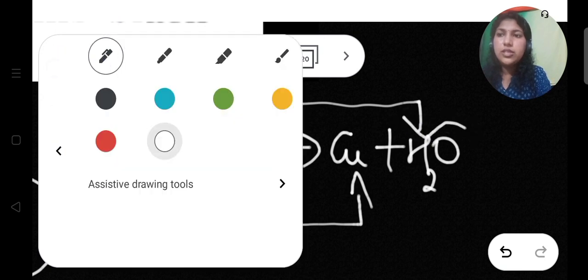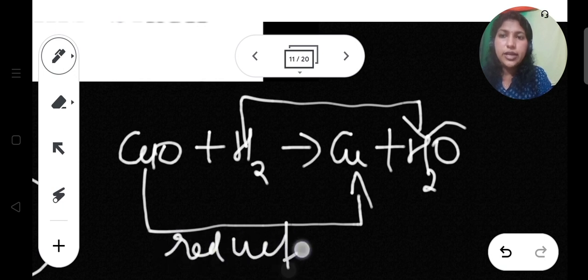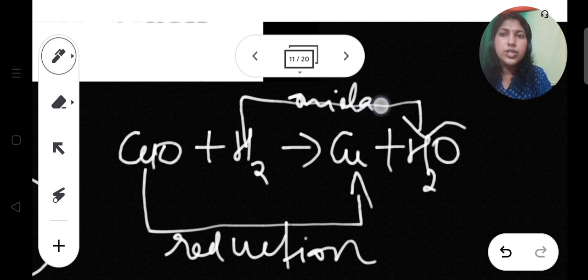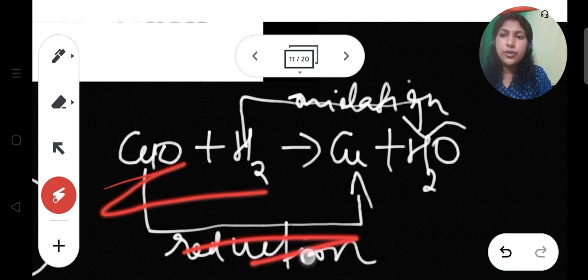So copper oxide undergoes reduction, and hydrogen changes to water by addition of oxygen, which is an oxidation reaction. Hydrogen undergoes oxidation.